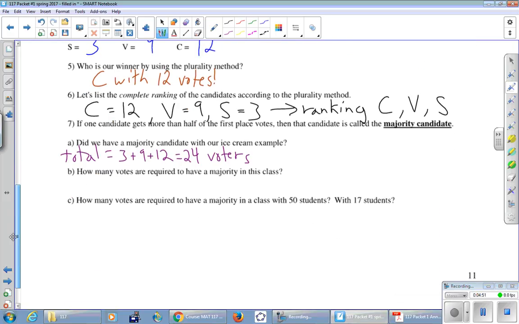And remember, a majority candidate is somebody with more than half. So if we had 24 voters, that means that half is 12. Did we have somebody with more than 12? We need more than 12 to be a majority candidate.